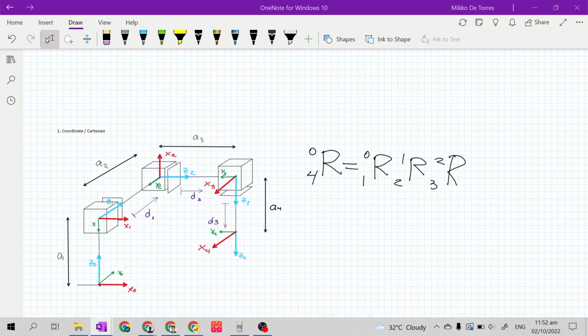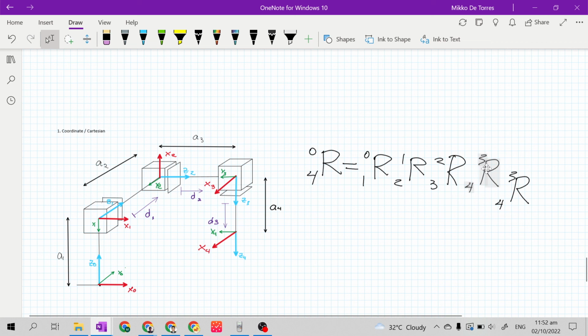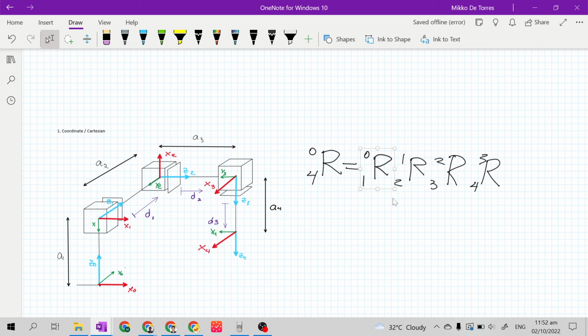Be reminded, class, this is multiplication of 3 by 3 matrices. If we are multiplying matrices, the succession and the arrangement of the matrices is important.